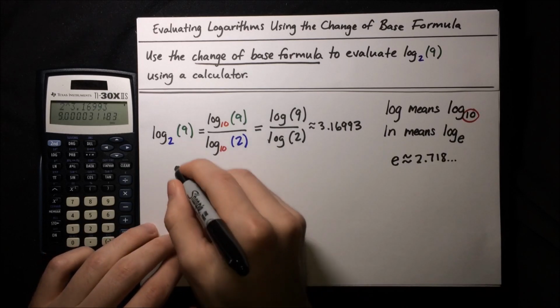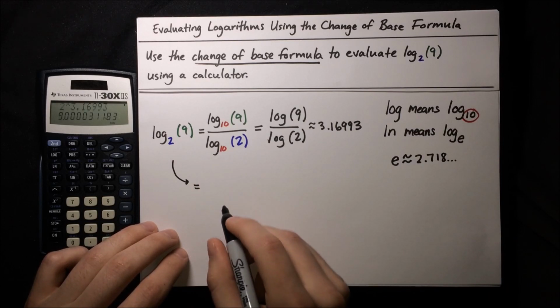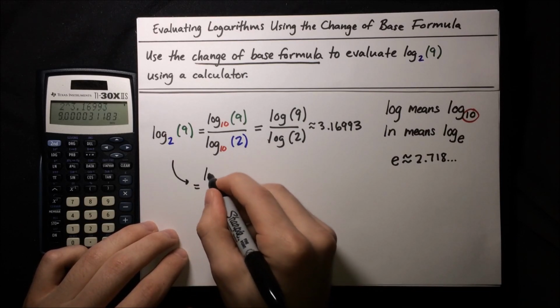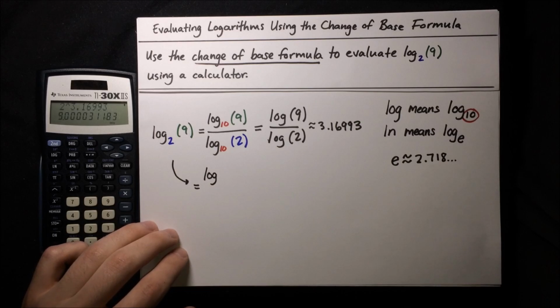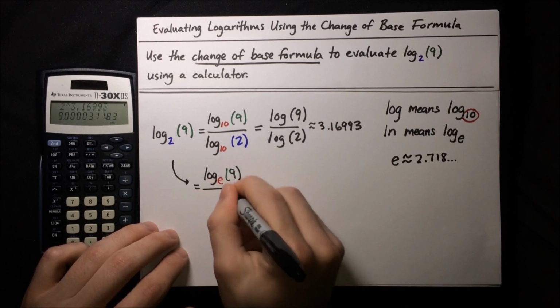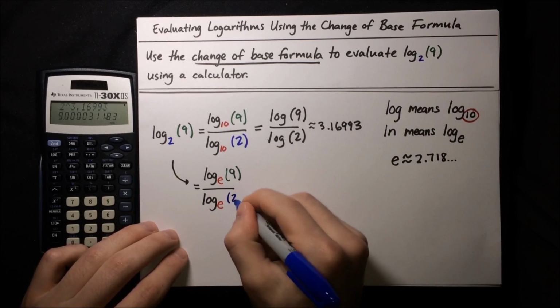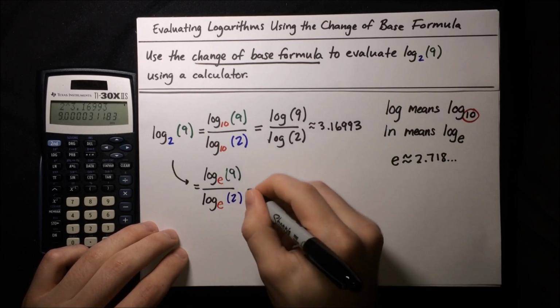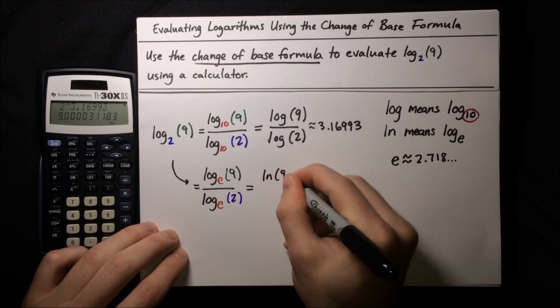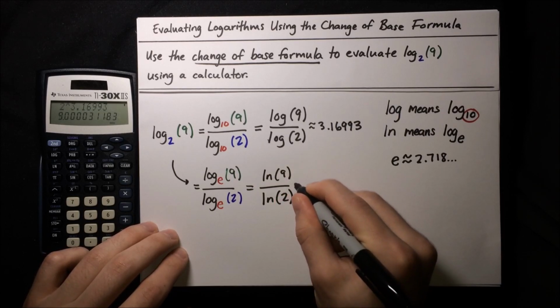Actually, why don't we go ahead and give that a shot and make sure that we get the same answer, because it should come out to the same result. So if we write it again, but this time use log base e, so log base e of 9 over log base e of 2, then we can simplify that into just natural log of 9, ln of 9, over ln of 2, and then we should get the same result.